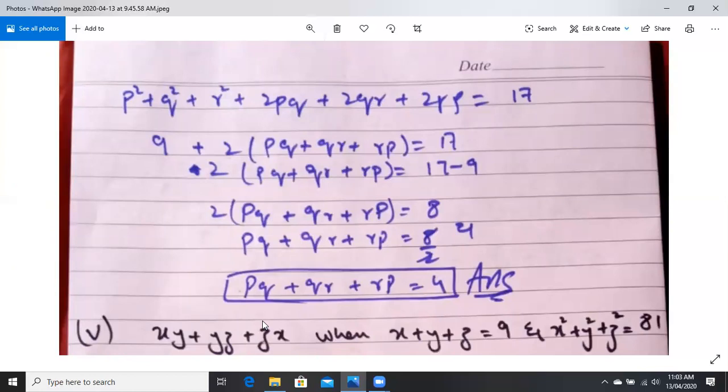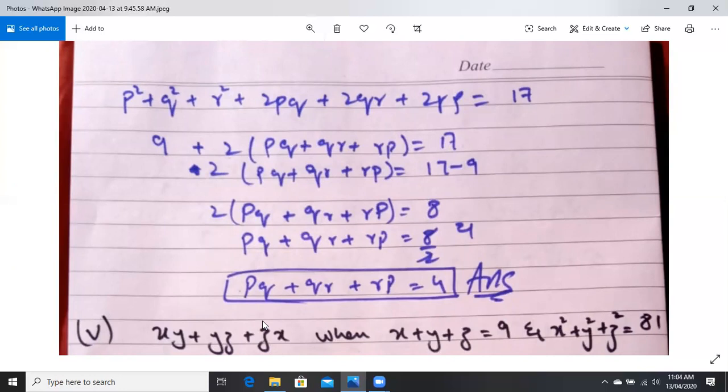So as given in the question, the value of p square plus q square plus r square is 9. So I put the value p square plus q square plus r square equal to 9, and 2 common, and pq plus qr plus rp, which I have to find.